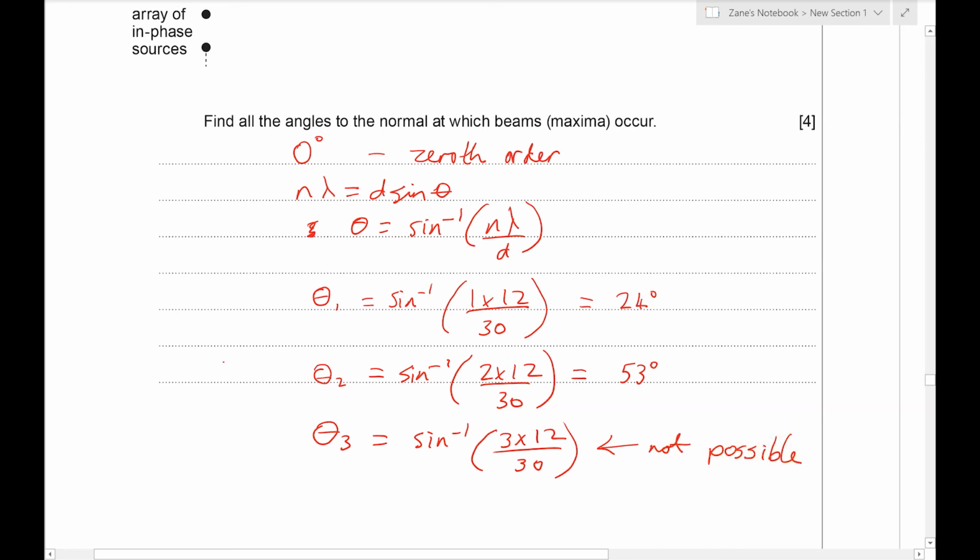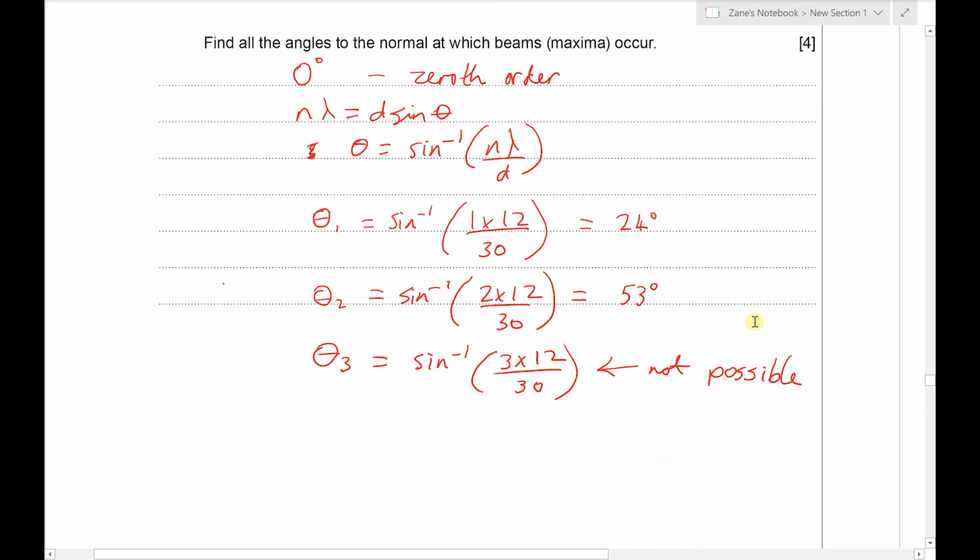So finally, what we're going to say is that we're going to get beams at 0 degrees, a straight through beam, the 0th order, plus or minus 24 degrees, so 24 degrees above and below the horizontal, and plus or minus 53 degrees above and below the horizontal.